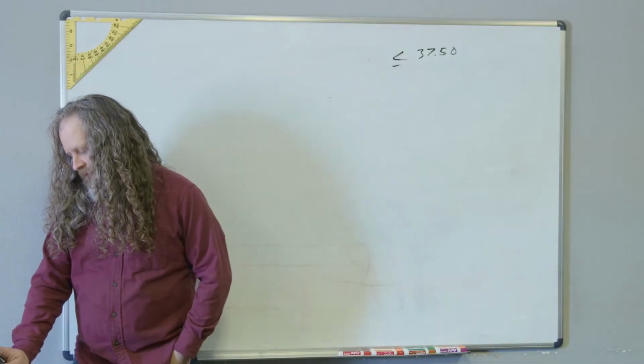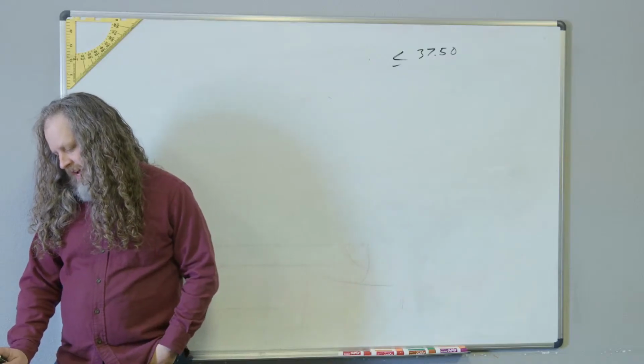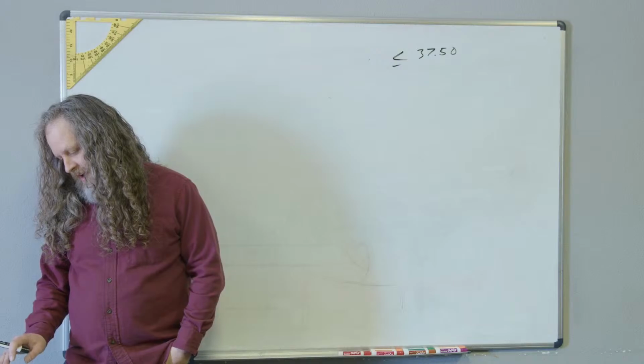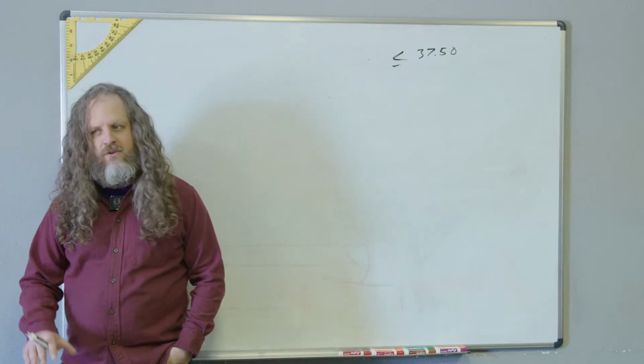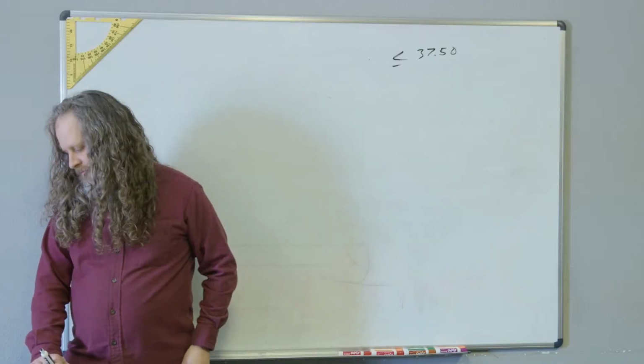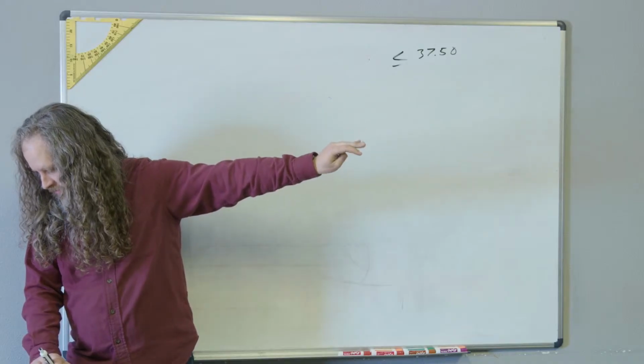Write an inequality that describes Mr. Jones' weekly costs for the service if he stays within his budget. Okay, so going back to those numbers, which ones have to do with cost and which ones don't? $37.50 does. What other ones have to do with cost?